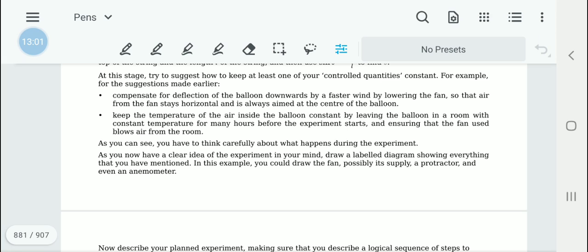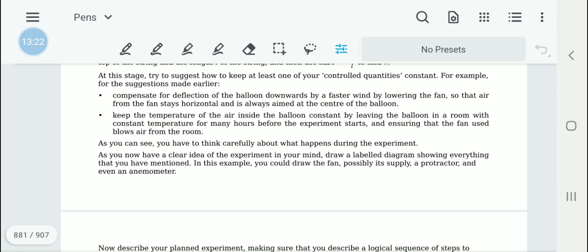Then how do you maintain the temperature of the inside of the balloon? So you keep this inflated balloon inside a room, inside the laboratory or wherever you are going to carry out the experiment, for several hours until the temperatures are the same, right?